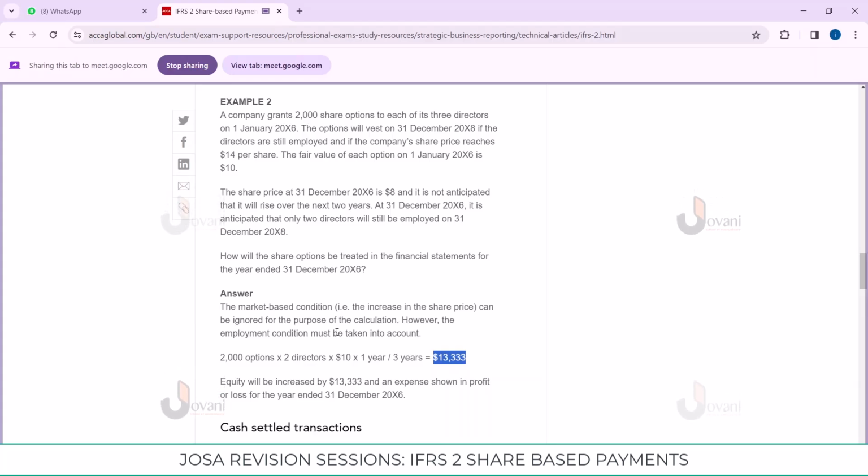Doesn't that apply for the 20x8, since they have asked for just the 20x6? Doesn't that part where they're talking about 2 people remaining only apply for that year? Because we are now looking at 31st December 20x6.